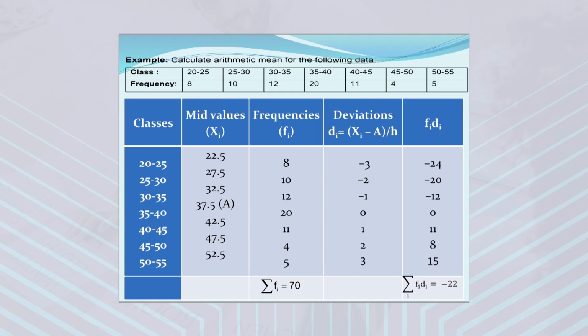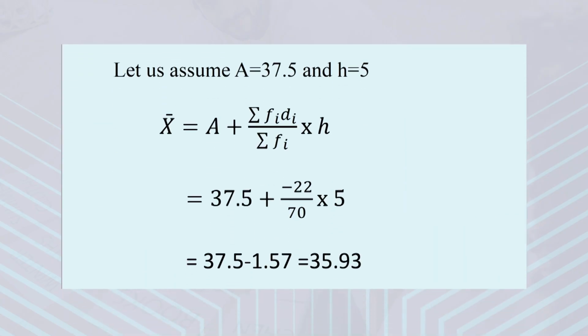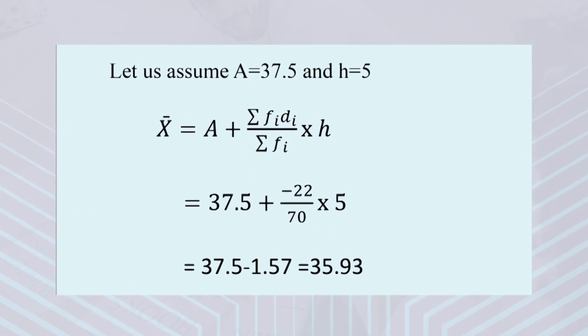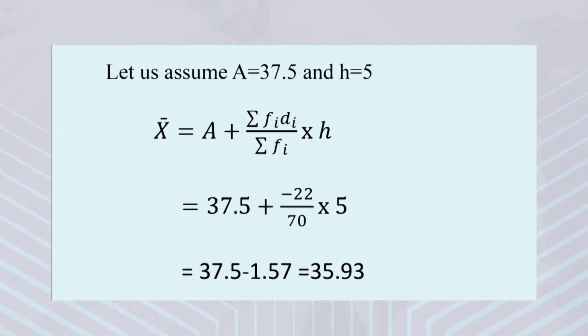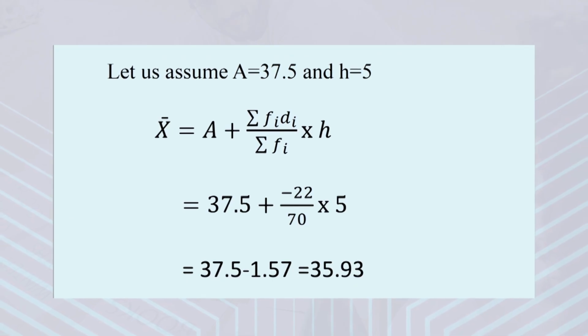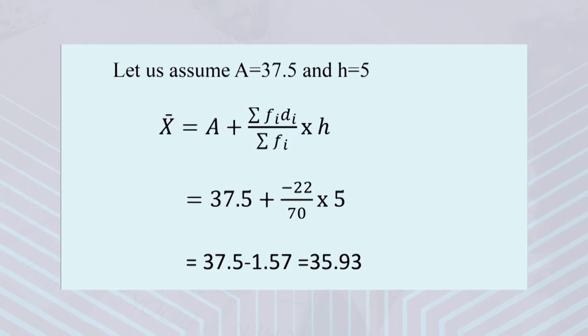So, now we use the formula and put the values of summation fi di, summation fi, A and h in the formula, and we got here the value, that is average age is 35.93. This is same as we have got the result for the direct method.